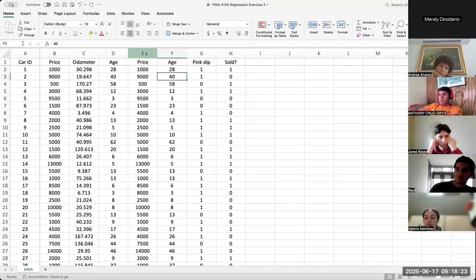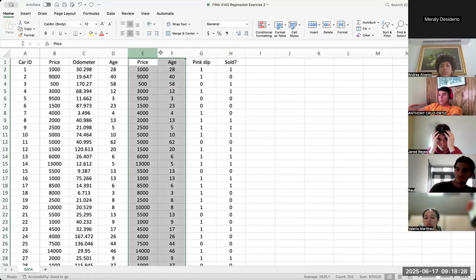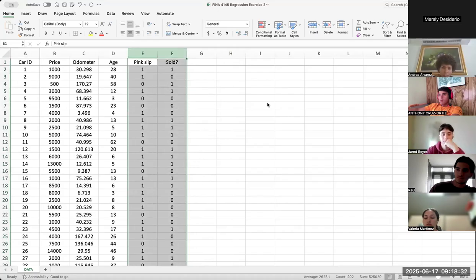Okay, so let's just take out, we have price, odometer, age, so let's just delete those. Sorry, I should fix that in the document.